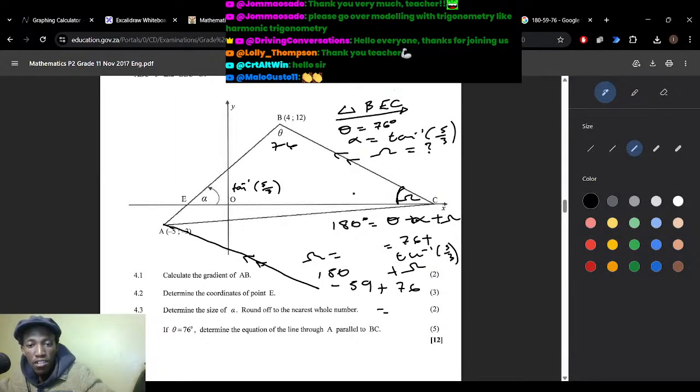So this equals 45 degrees, right? So this is 59 degrees. Be careful, we have just rounded off to the nearest unit, right?